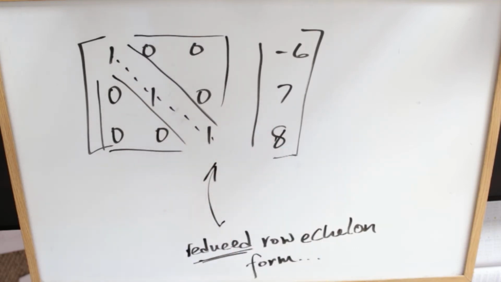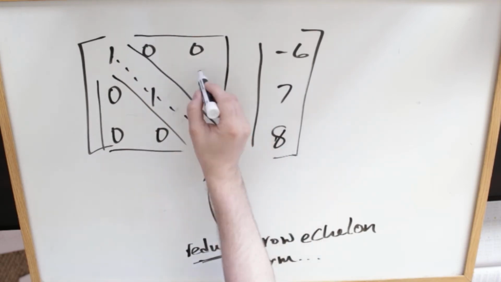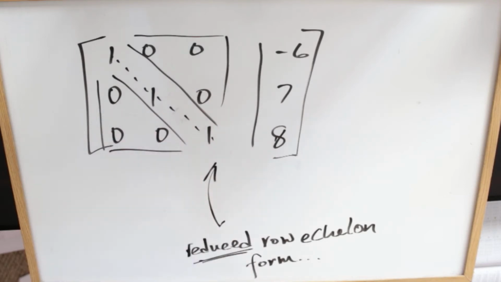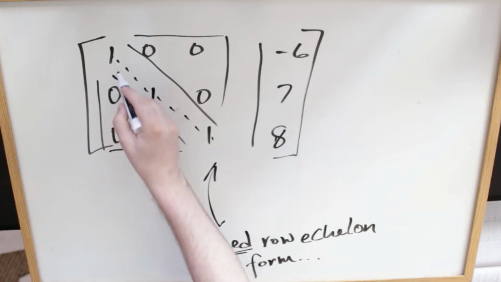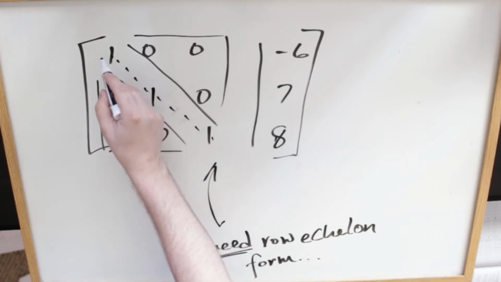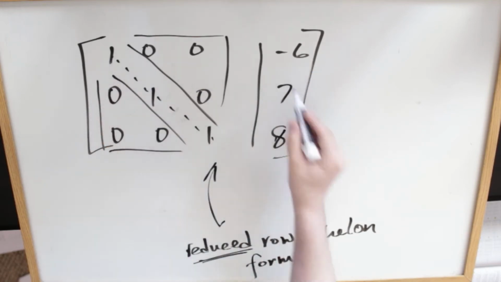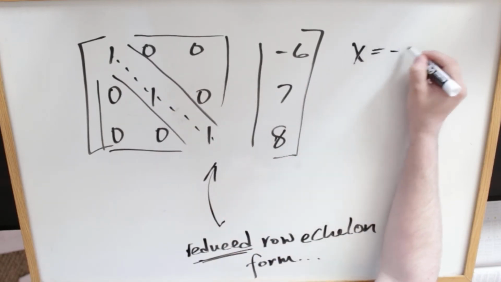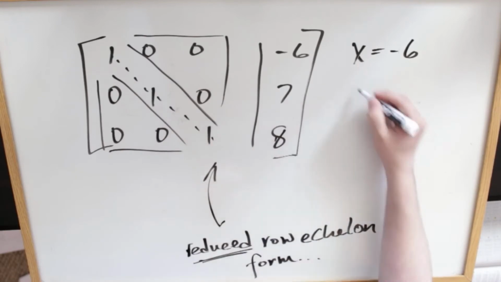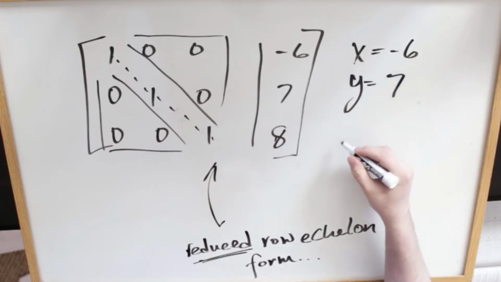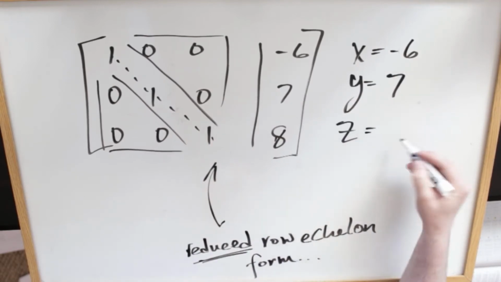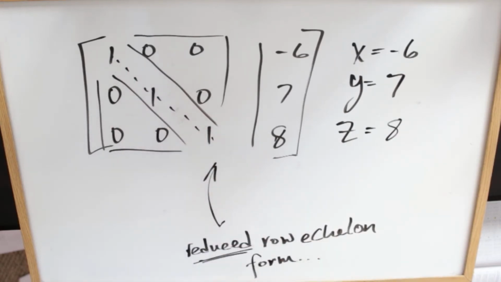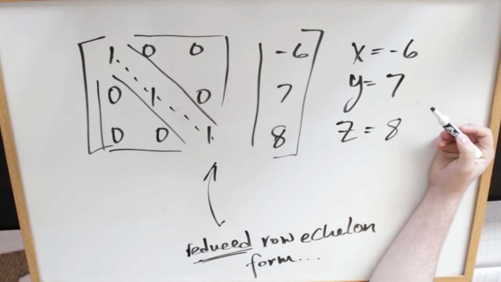And the nice thing about that, when we have a triangle here and a triangle here of zeros, is that you can think of these as being variables, and they're going to equal whatever that number is. So what this essentially is saying is x is equal to -6. This right here would be like y is equal to 7, and z is equal to 8. Again, these are the coefficients that are on those variables. So that's really what this is saying.